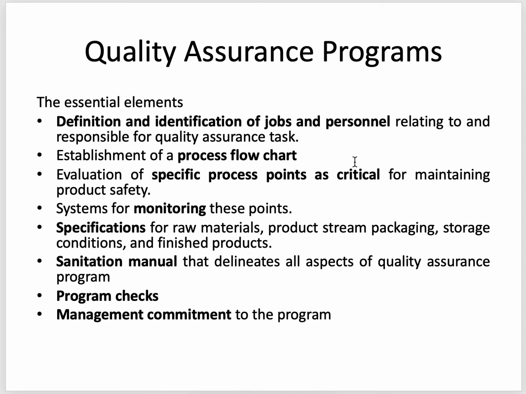If people don't know what their responsibilities are, what they need to do, it will always create confusion, so it should be avoided at any cost. That's why job descriptions should be very clearly defined.